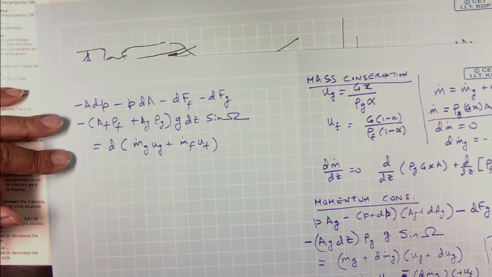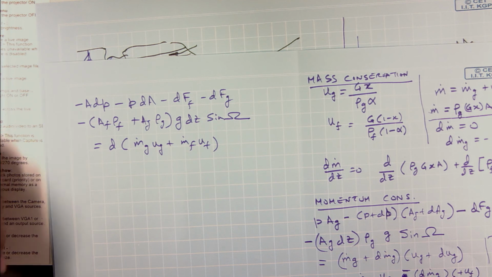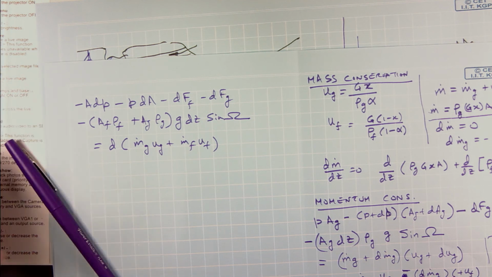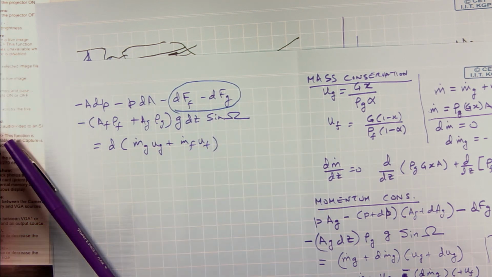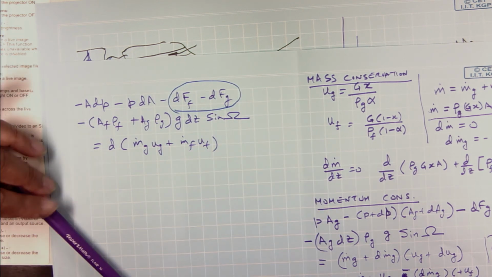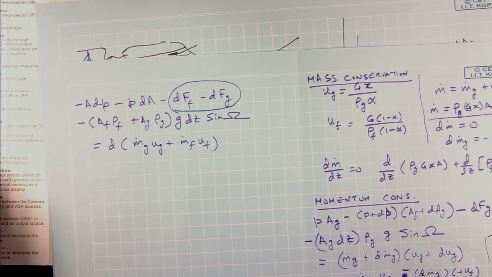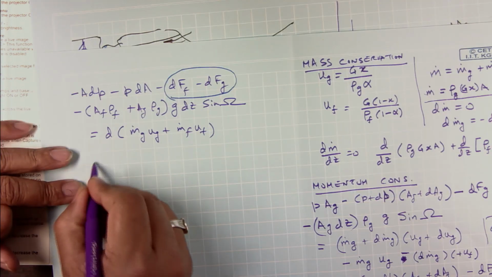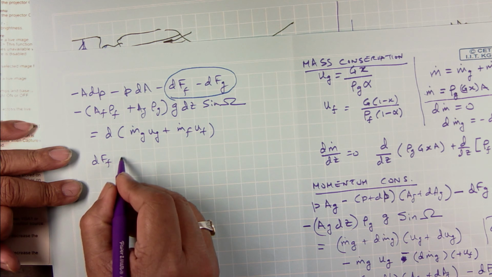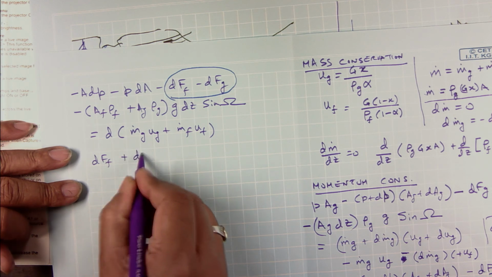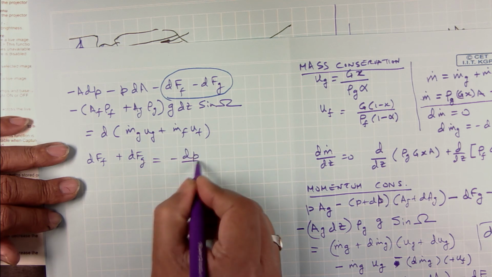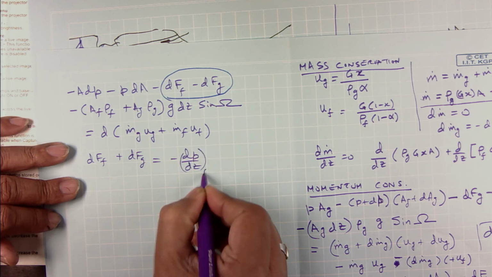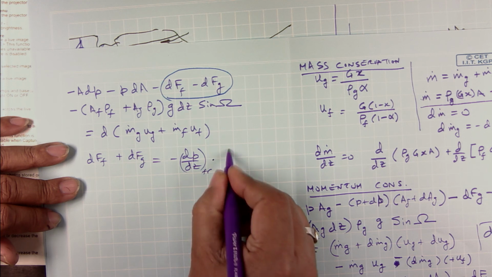Okay. Now, what I am going to do is club these two forces that come from friction, dF_f and dF_g, and account for one friction factor. So, I am going to say that dF_f plus dF_g comes from friction, and so that is equal to minus (dP/dz) friction times A times dz.